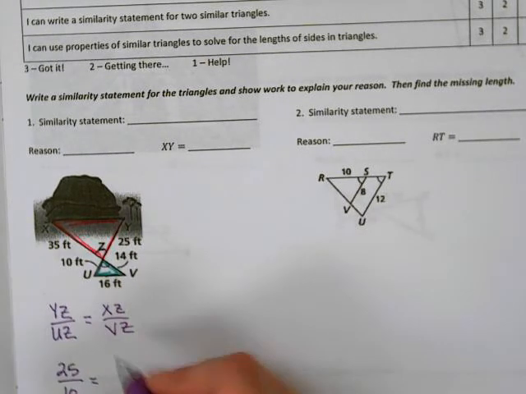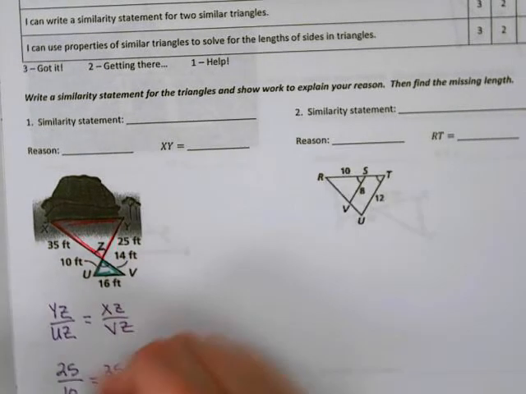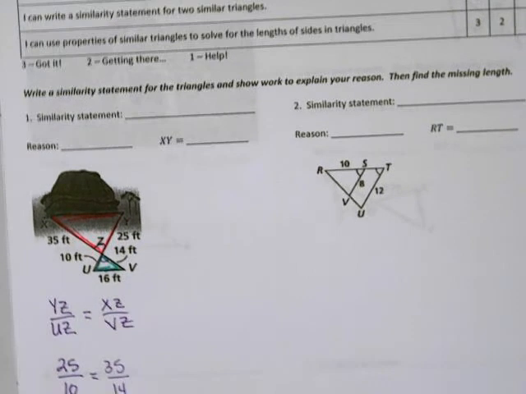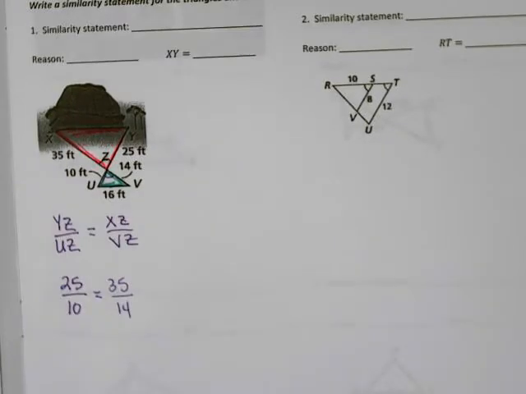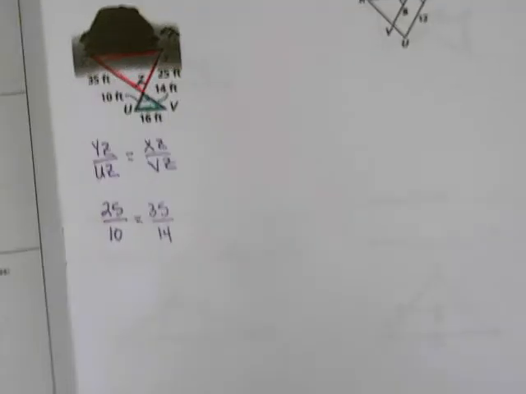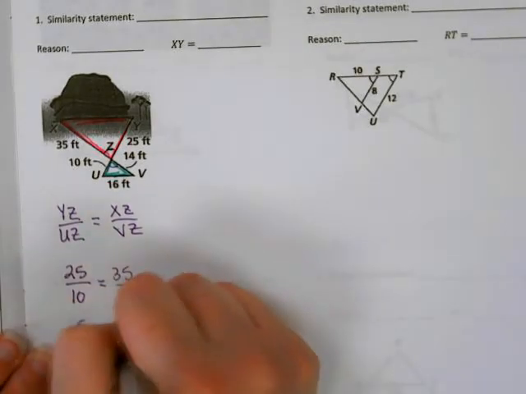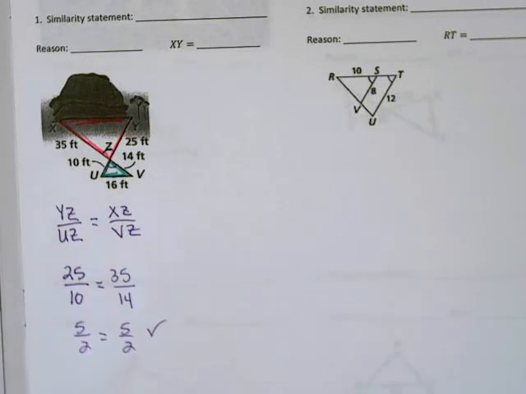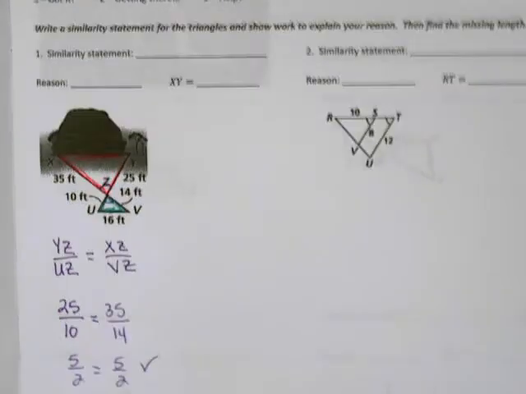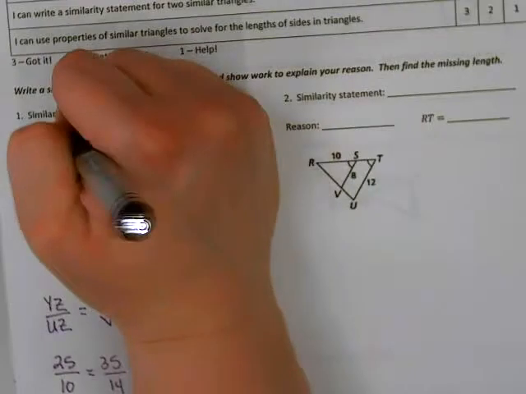And then let's look at XZ, which is 35, over VZ, which is 14. And we can check both of those out. They both simplify down to be 5 over 2, which means, awesome, these triangles are similar to each other by side angle side similarity.